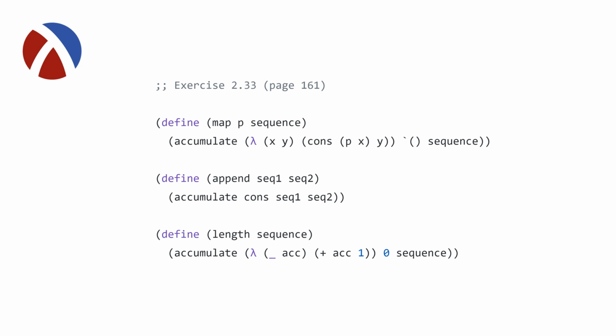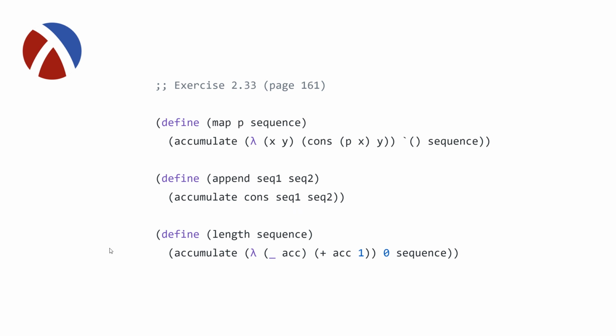For append, all we have to do is make cons, initialize this to seq1, and then pass it seq2, which it will element by element cons on. The difference between map and append here is that our initial starting point for our accumulator is an empty list, whereas for append, it is our sequence 1.